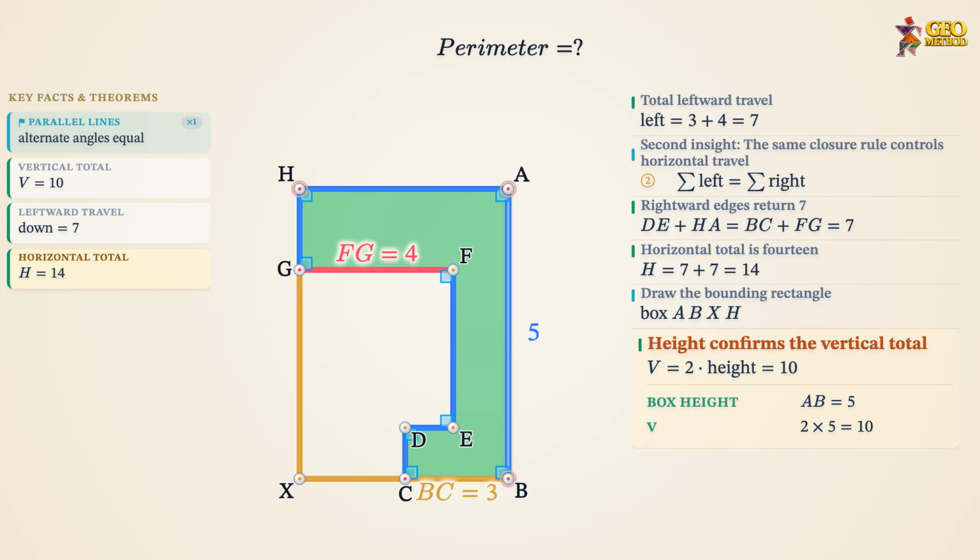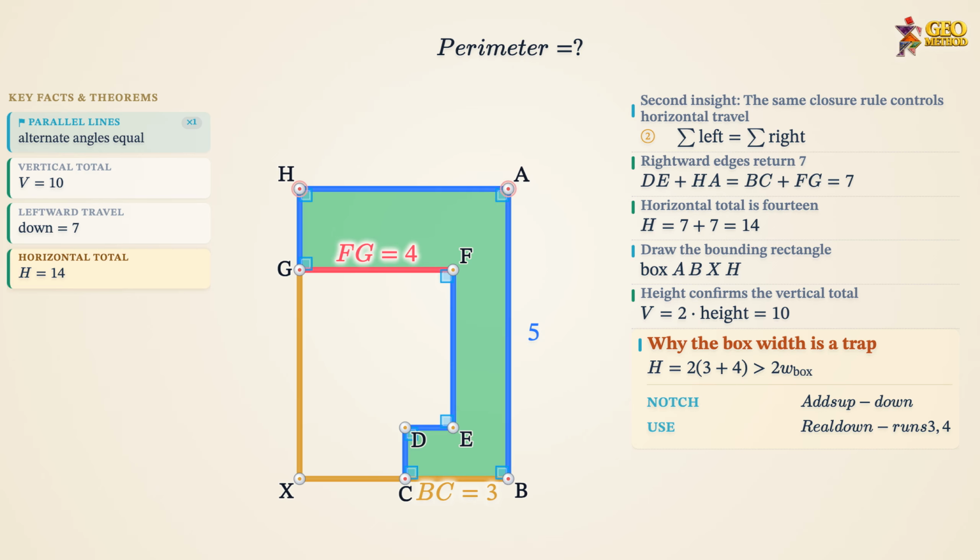Vertically, the polygon spans the rectangle from wall to wall with no gaps. So its vertical edges total exactly twice the height, 2 times 5, which is 10. That agrees with what we already found. Horizontally, the notch adds extra left-right travel. That is why we sum the actual left runs 3 and 4 rather than infer one width from the box.